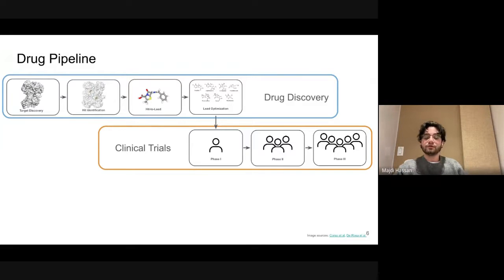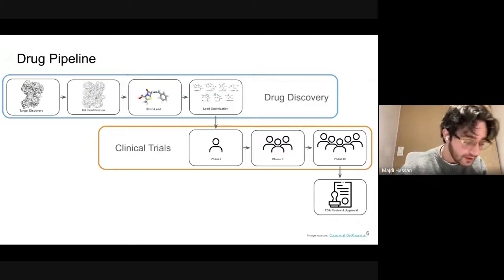And if we have a drug that actually makes it all the way through, it gets submitted for FDA review and possibly approved to be sold in the market.